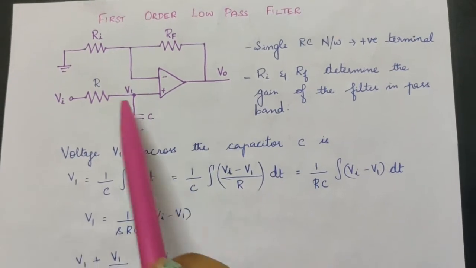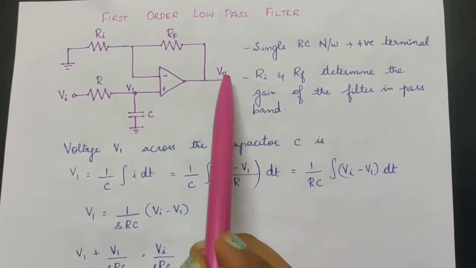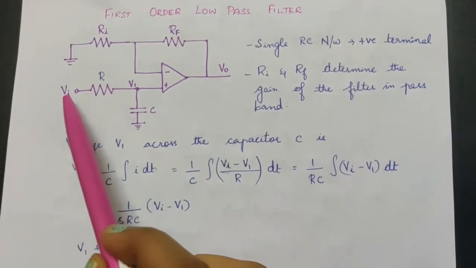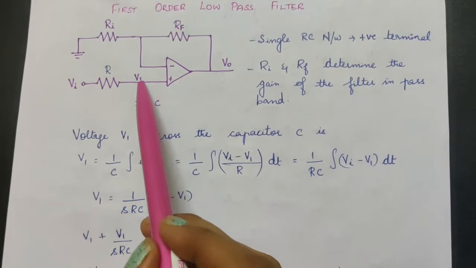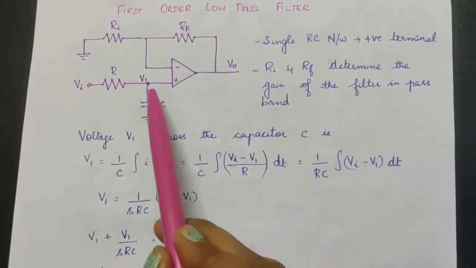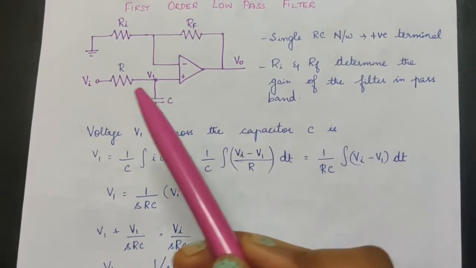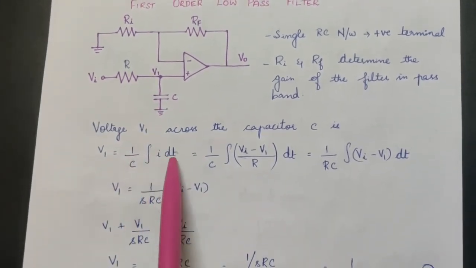Now in this circuit we are going to determine the overall transfer function, that is V0 of S divided by Vi of S. For that, first we are going to consider the voltage at this point as V1. So the voltage V1 across the capacitor C is written as V1 equals 1 by C integral I dt.